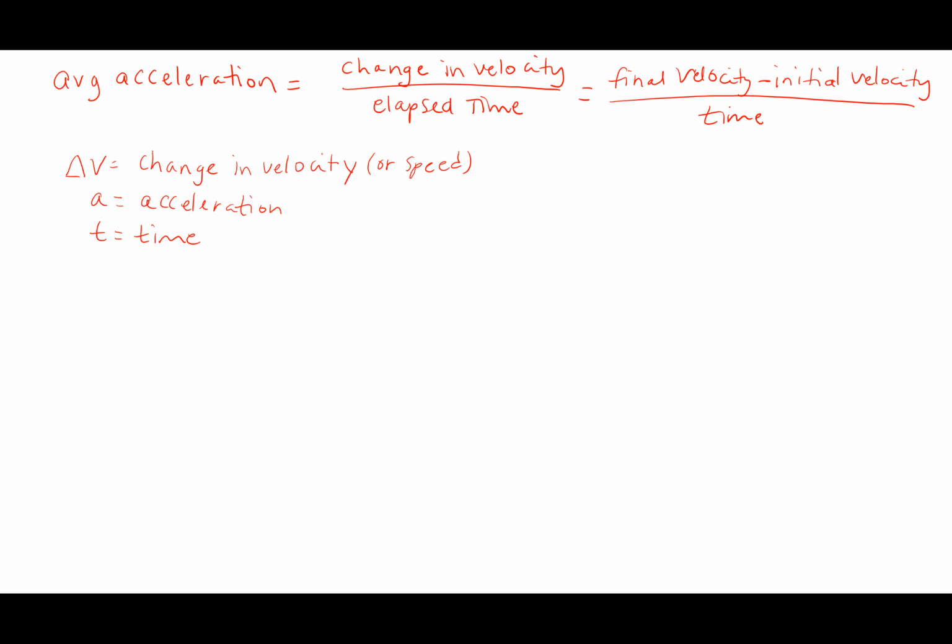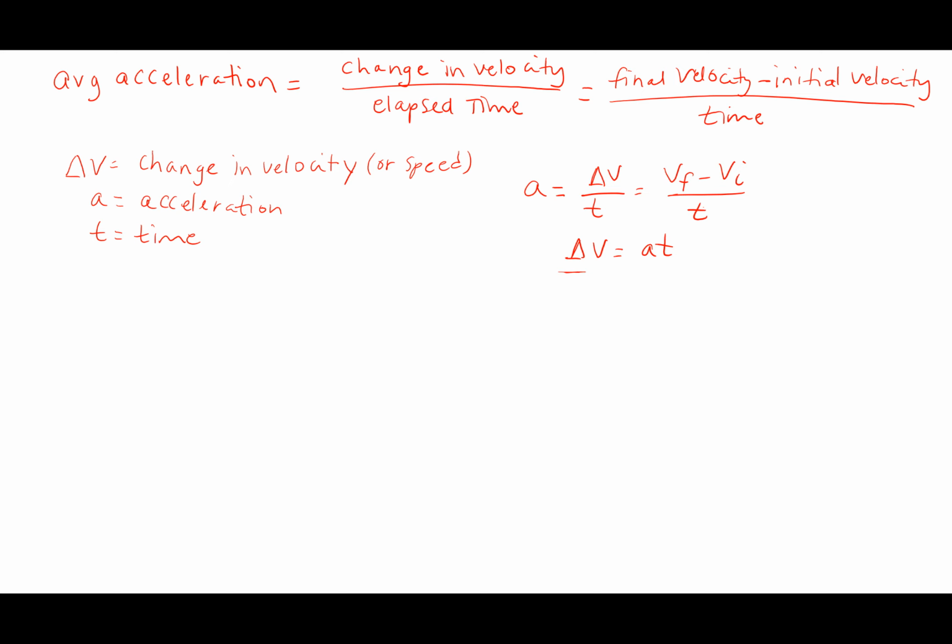And what this formula actually looks like is A, which is your acceleration, equals your change in velocity over time. Or, to calculate this further, velocity final minus velocity initial over time. This is going to be a very important formula that we'll use. Another way to look at that would be delta V equals acceleration times time. That's your change in velocity equals acceleration times time. Okay, so again, this delta, this triangle, means change in.